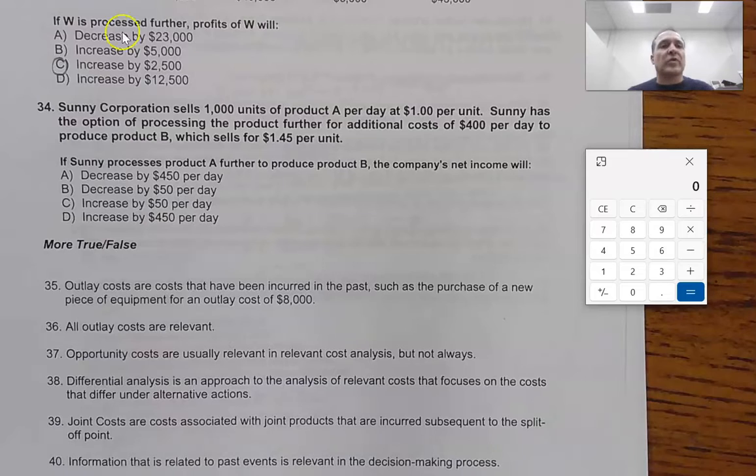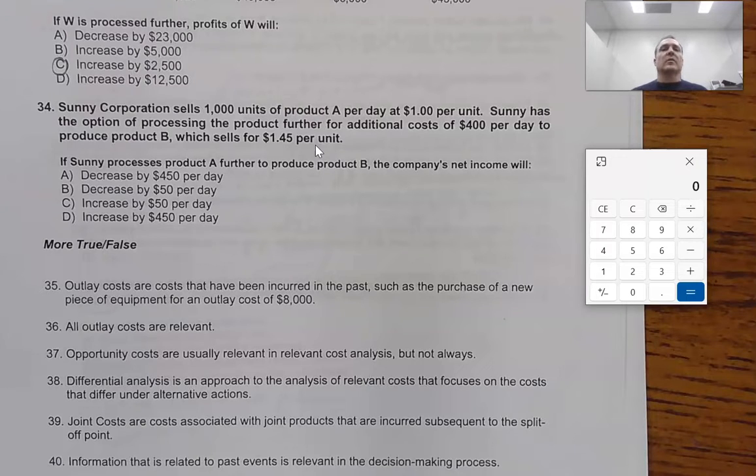Okay, so question 34 says, Sunny Corporation sells 1,000 units of product A per day at $1 per unit. Okay, that's our sales revenue is $1. Sunny has the option of producing the product further for additional costs of $400 per day to produce product B, which sells for $1.45 per unit.